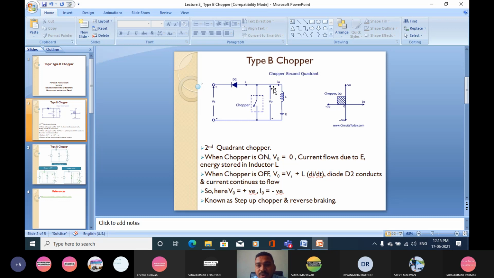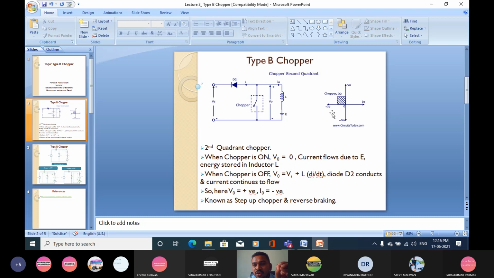In both cases, when the chopper is on and when the chopper is off, output current flows in the reverse direction. That's why we are getting the negative output current. So when type B chopper operates, we are getting the output voltage positive in both cases, and the output current negative in both cases.